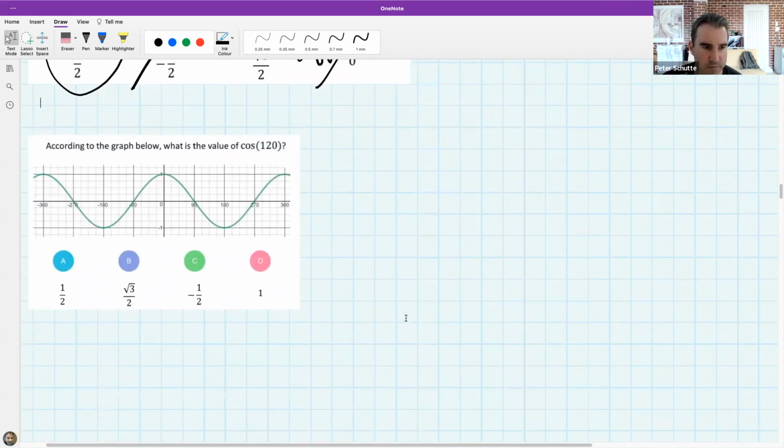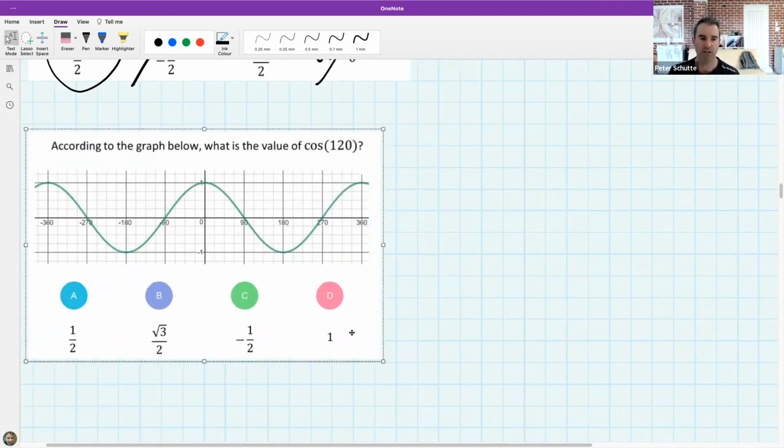Then for this one, what is the value of the cos of 120? So same graph, but they want you to try and work out what is the value of the cos of 120 according to this graph.